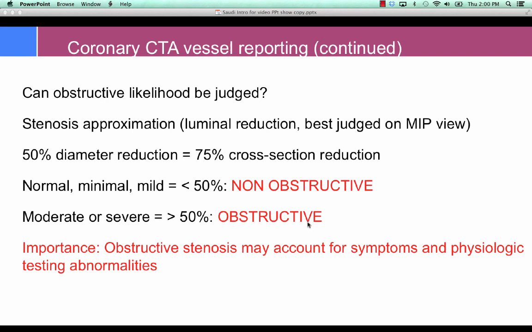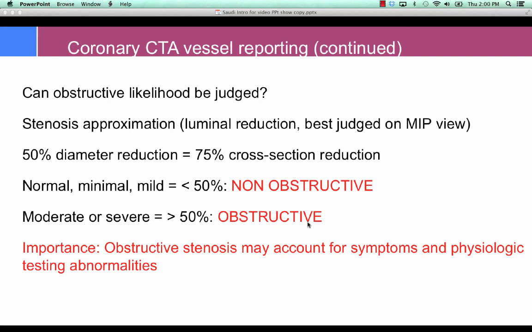And remember that a 50% diameter reduction is actually a 75%, pardon me, a 75% reduction in cross-sectional area. Given that finding, we use the categories of vessel as normal, minimally diseased, or mildly diseased, and these are all lesions that we would expect to be non-obstructive.